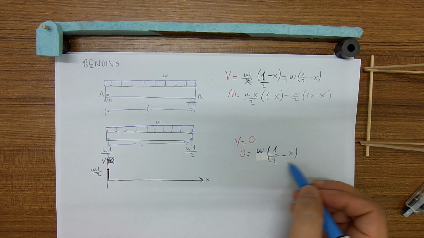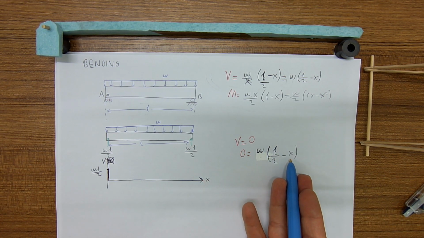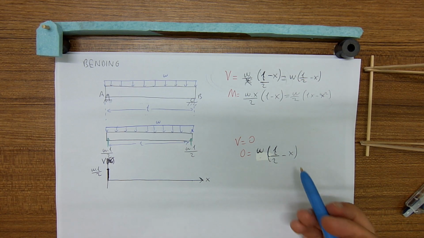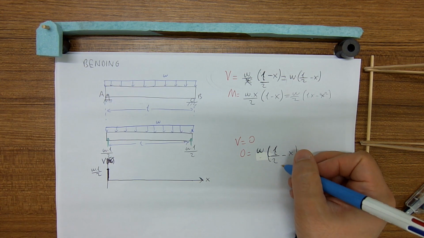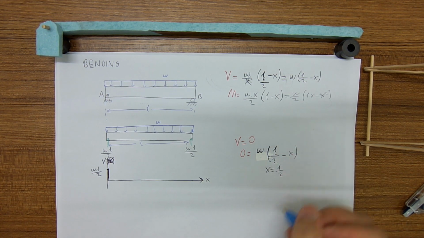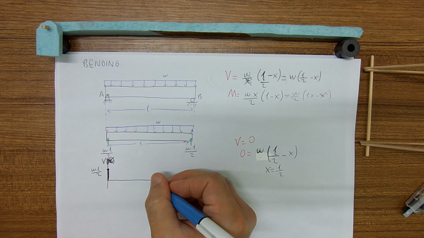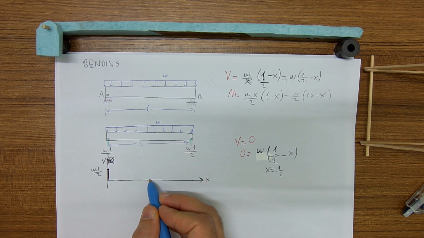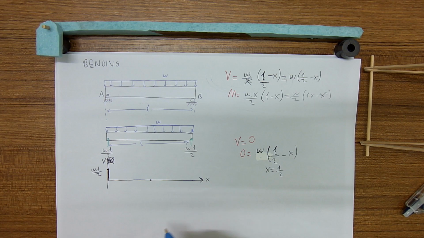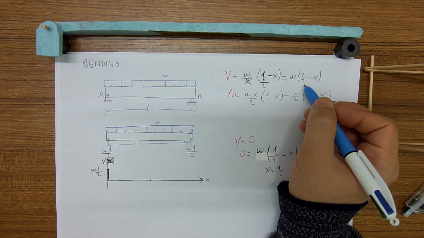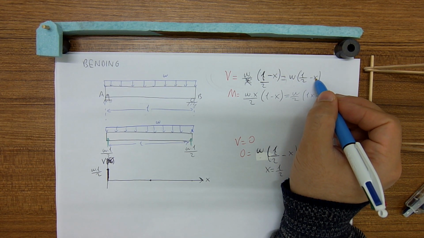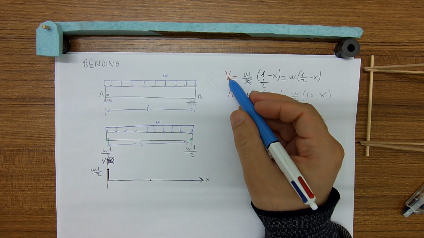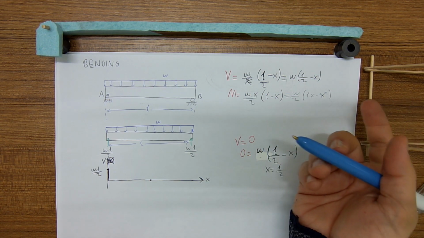So if this is equal to 0, what would be x? That means, in other words, where is the shear force 0? It is 0 when x is equal to L over 2 from this equation. Therefore, at the mid of the beam, around here, V is 0. And going back to the equation, as x increases, the V value decreases, and this decrease is linear.